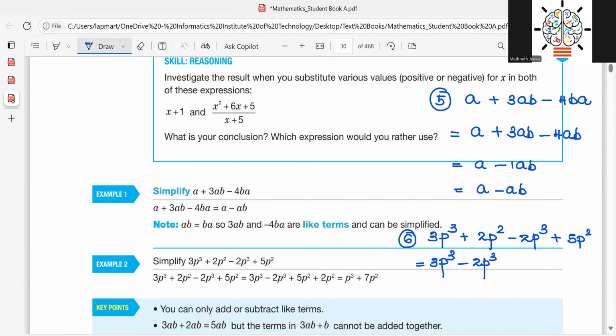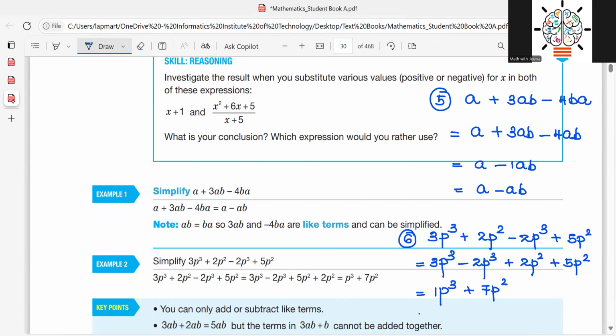Why? Both of them have the same power, p to the power 3. Then I write 2p to the power 2 and 5p to the power 2. So 3p to the power 3 minus 2p to the power 3 gives 1p to the power 3. 2p squared plus 5p squared gives me 7p squared.